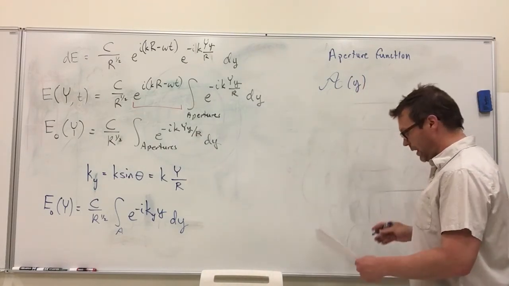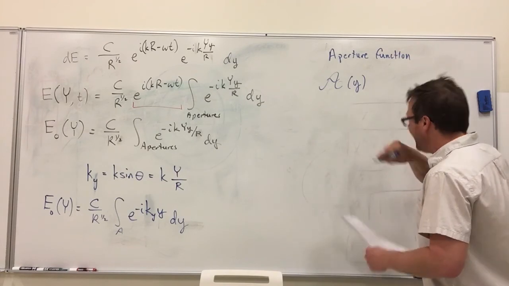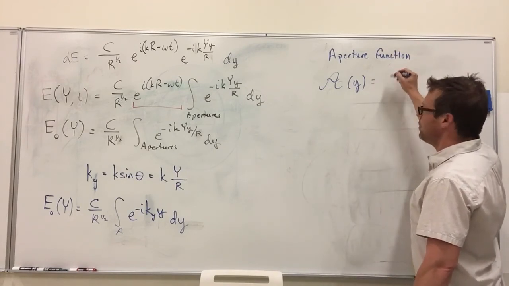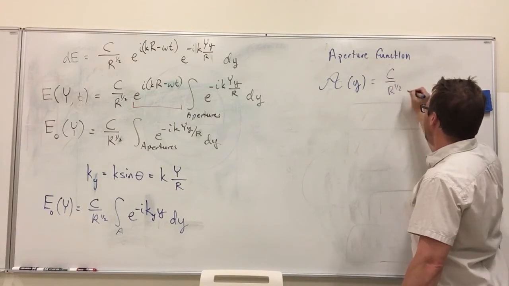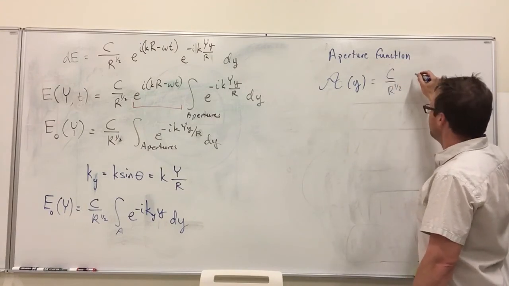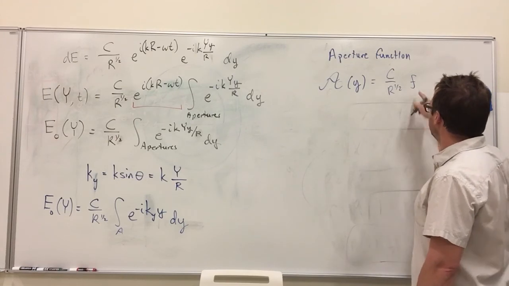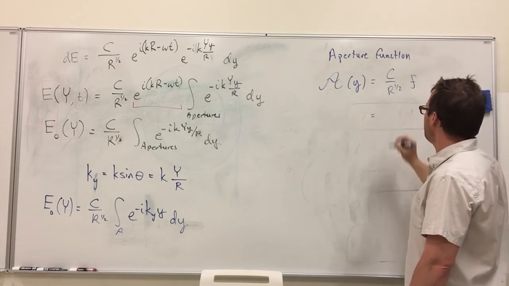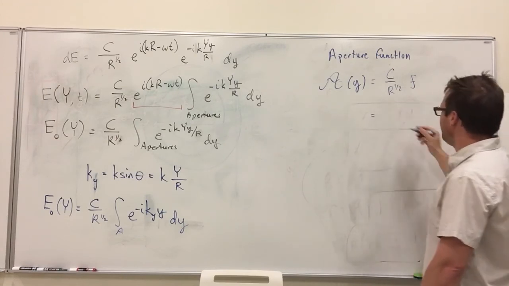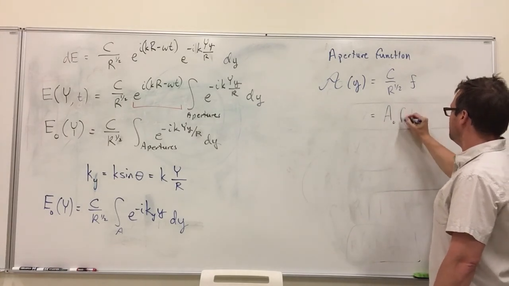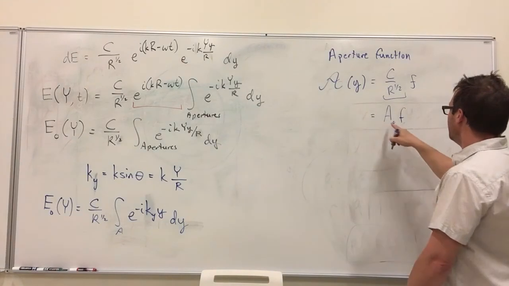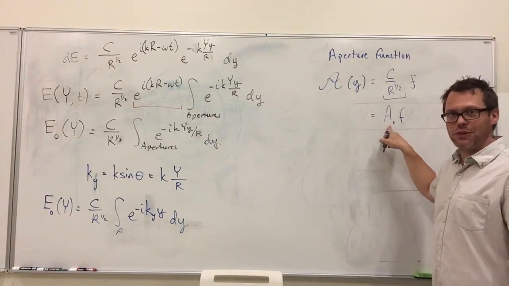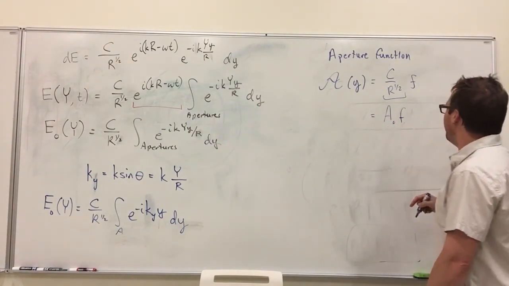So it's going to be a function of little y. And we're just going to say that it's going to be equal to this stuff, C over R to the 1/2, times something I'm calling f. Which, just for convenience, I'm going to write as A0 times f, because I honestly don't want to keep writing this over and over again anymore.